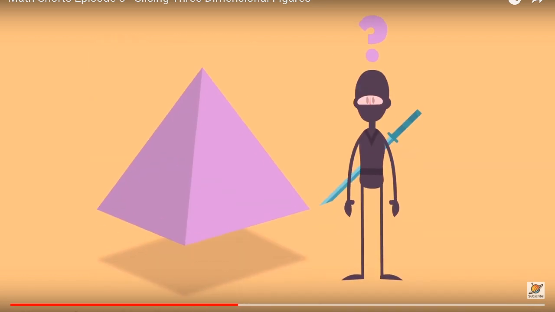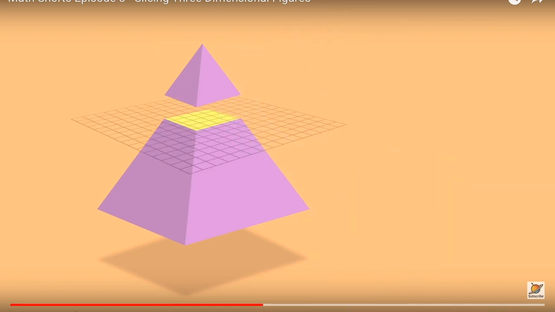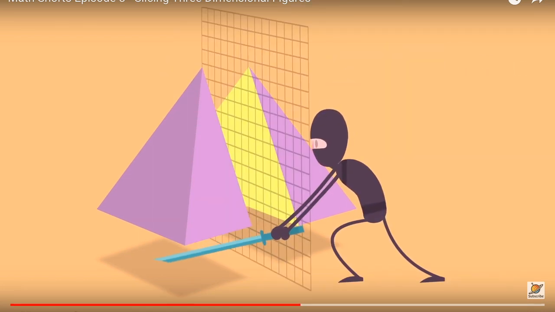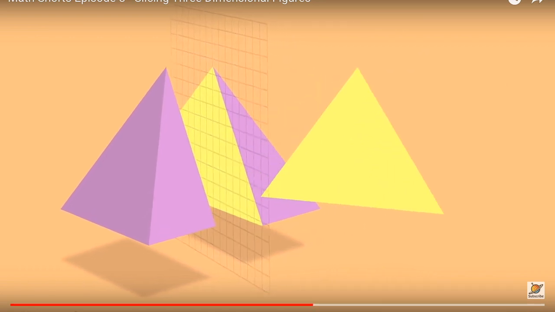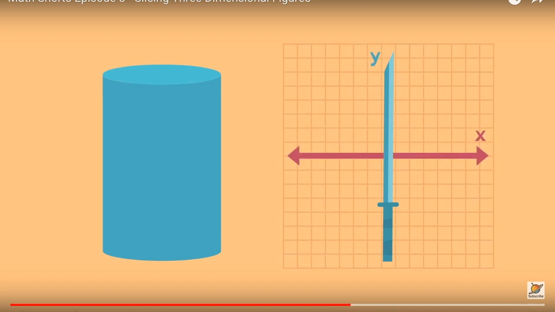What happens when you slice a square pyramid? If you slice across the pyramid with your plane parallel to the pyramid's base, the cross section is a square. If you slice with your plane perpendicular to the pyramid's base, the cross section is a triangle. Remember, you're slicing a solid, three-dimensional figure with a geometric plane. You can slice in any direction.